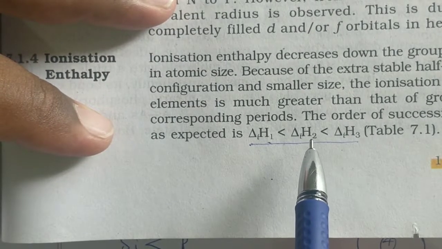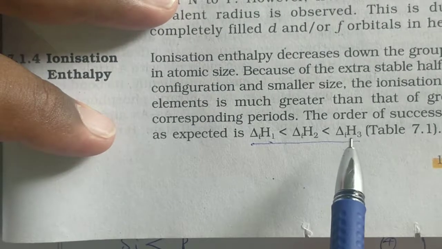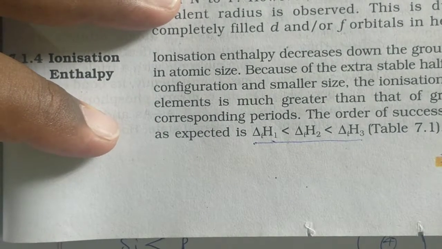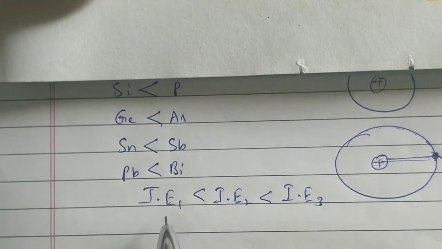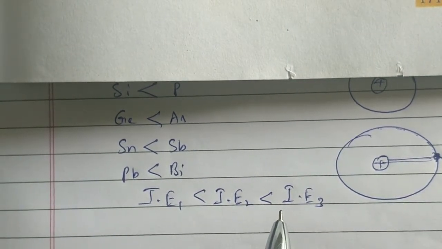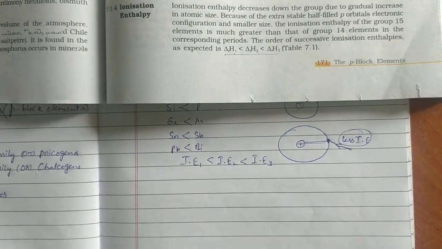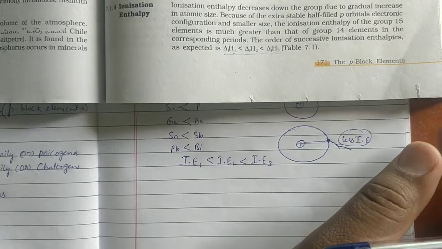Delta iH2, ionization enthalpy 2. Delta iH3 means ionization enthalpy 3. Every time we have to see that ionization enthalpy 1 is less than ionization enthalpy 2 is less than ionization enthalpy 3. Is it okay? This is about ionization enthalpy.